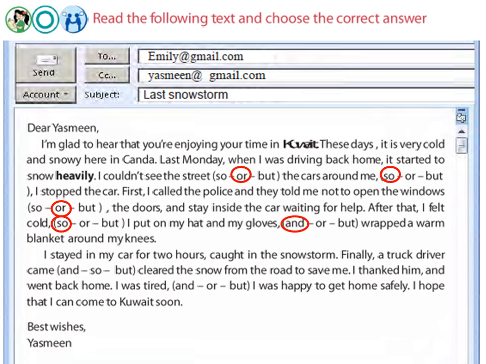I stayed in my car for 2 hours, caught in the storm. Finally, a truck driver came and cleared the snow from the road to save me. I thanked him and went back home. I was tired, but I was happy to get home safely. I hope that I can come to Kuwait soon. Best wishes, Yasmin.